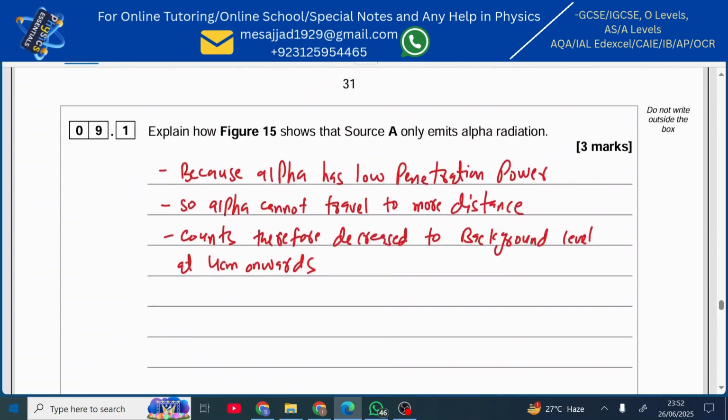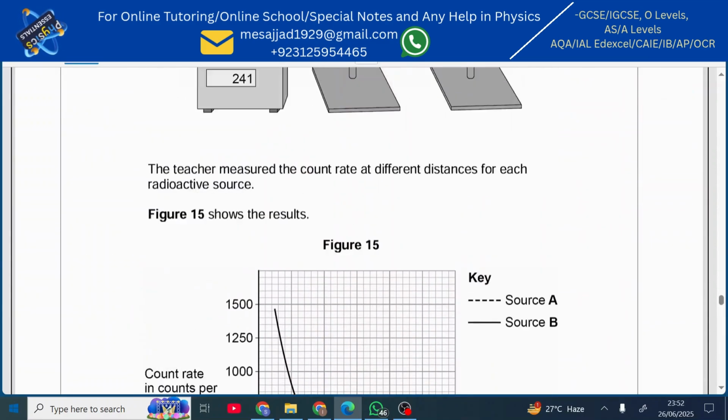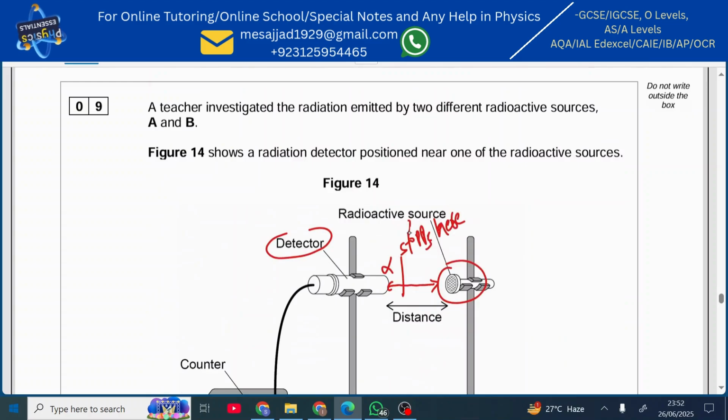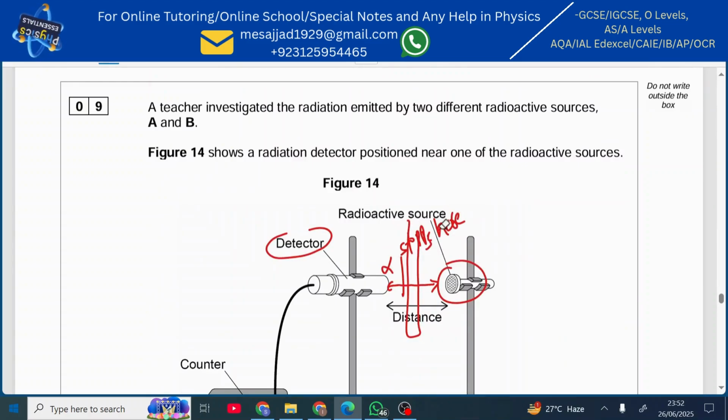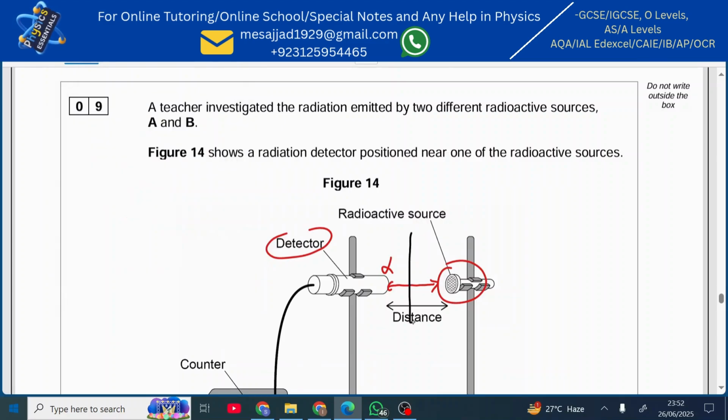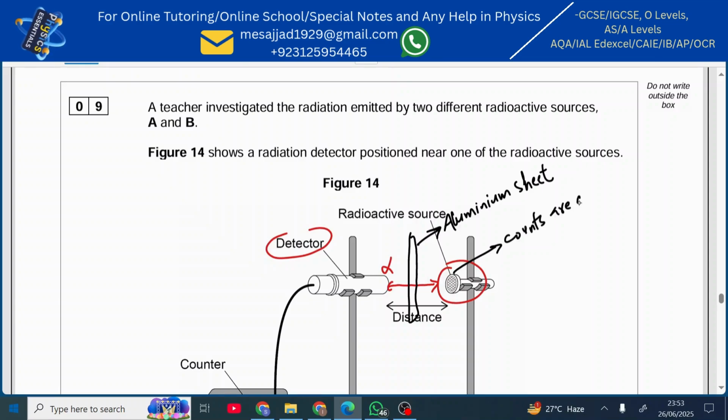So we know that the beta is easily blocked by aluminium, right? So if I put an aluminium sheet here, and I see that the counts are decreasing, what will that mean?